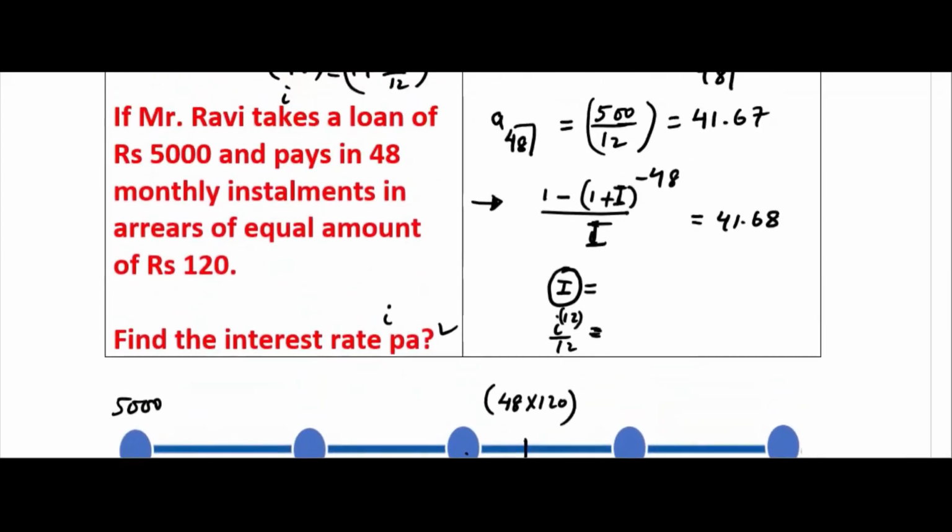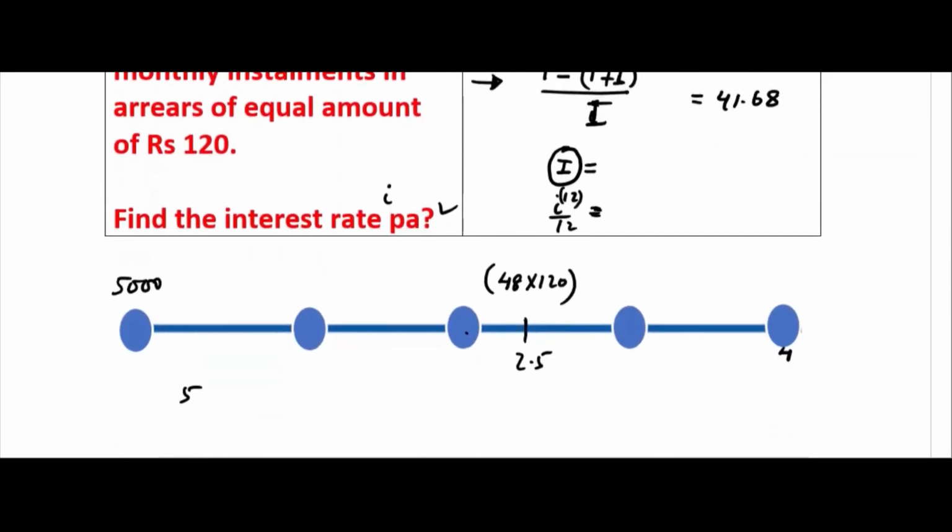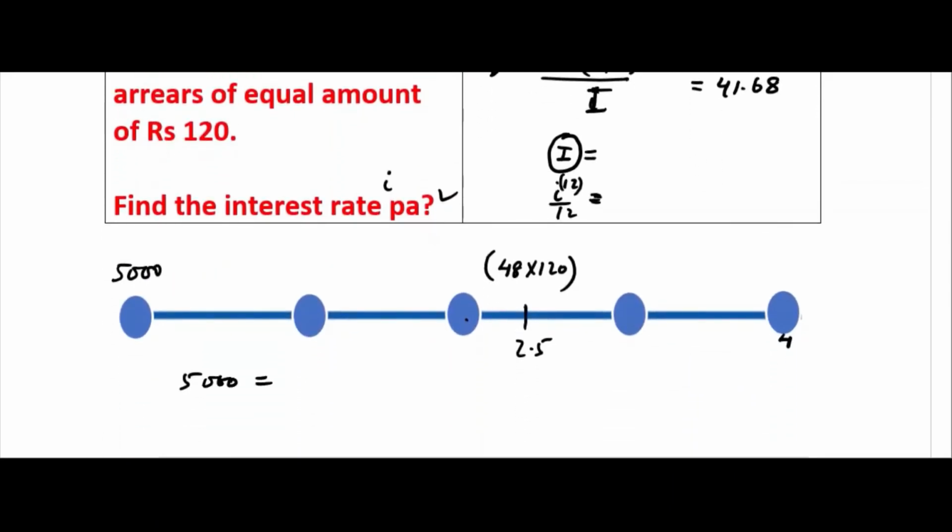120, 48? Okay, multiply. What will be this amount? 5760 V power 2.5.